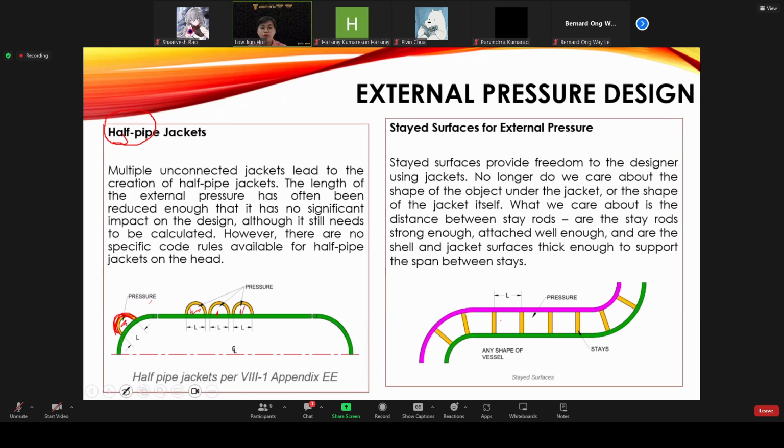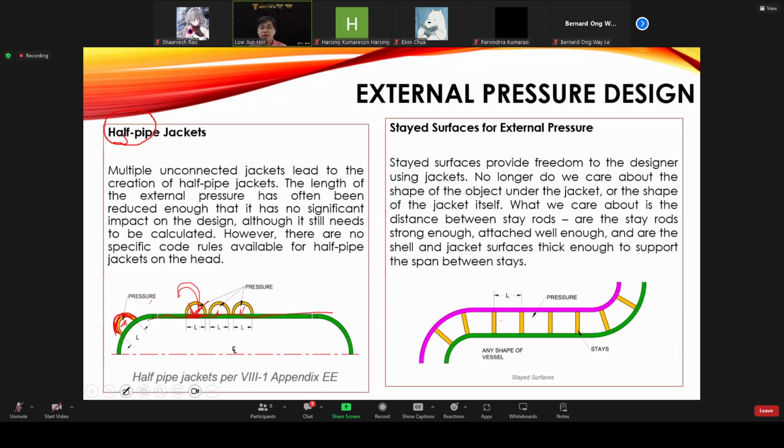And normally when we design the half pipe here, we will design the length of the half pipe properly and carefully. Okay, why? Because if possible, we want to minimize the external pressure that is exerted on the outer surface of the pressure vessel here, so that the external pressure can be ignored.